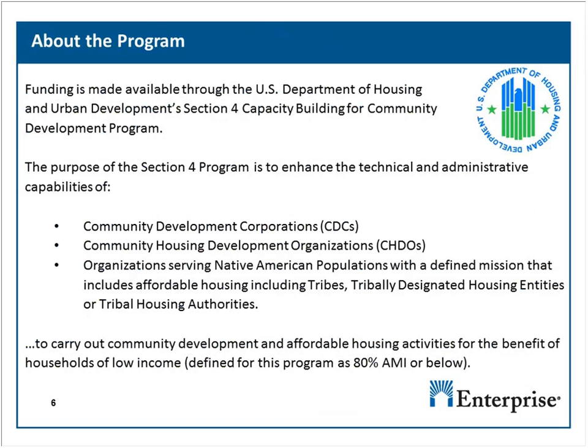The purpose of the Section 4 program is really to increase the technical and administrative capabilities of CDCs, CHDOs, and organizations serving Native American populations like tribes, TDHEs, and tribal housing authorities. And then these groups are really tasked with carrying out the community development and affordable housing activities that must benefit households of low income, and for this program that's defined as 80% AMI or below.